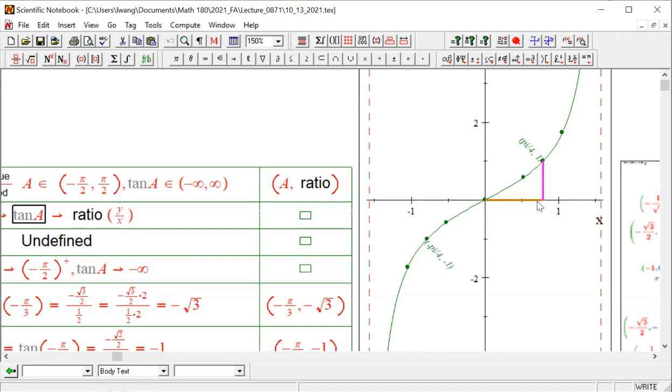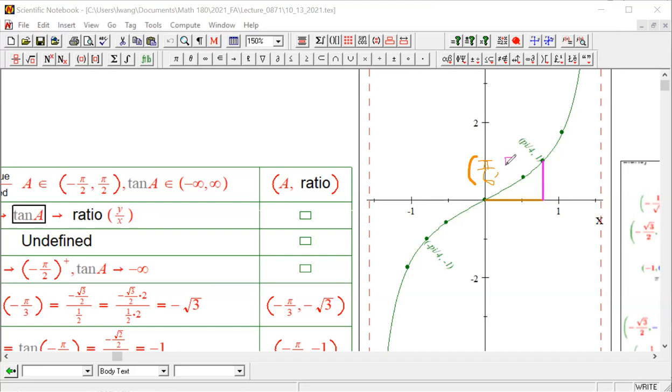So now with that understood, let's mark these points together. And that point is pi over 6. And the purple color with the ratio is the blue divided by red.